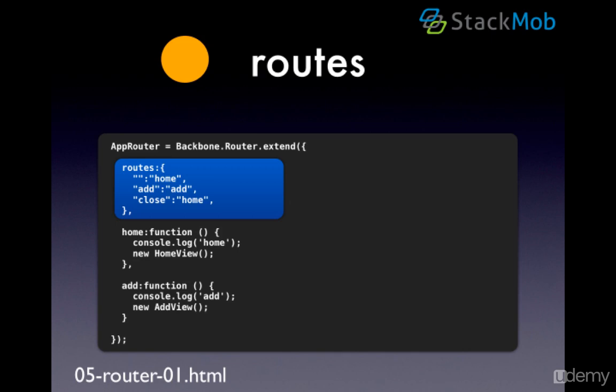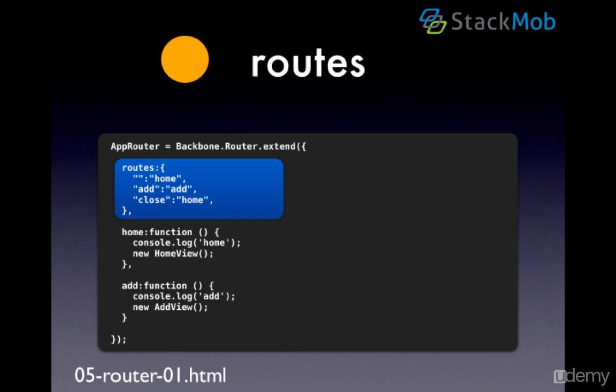So what I've done here is I've set up a basic Backbone router. I'm calling it app router. And I've defined 3 routes. One is if you go to the root URL and there's no hash sign after it, you're going to be going to the home screen.